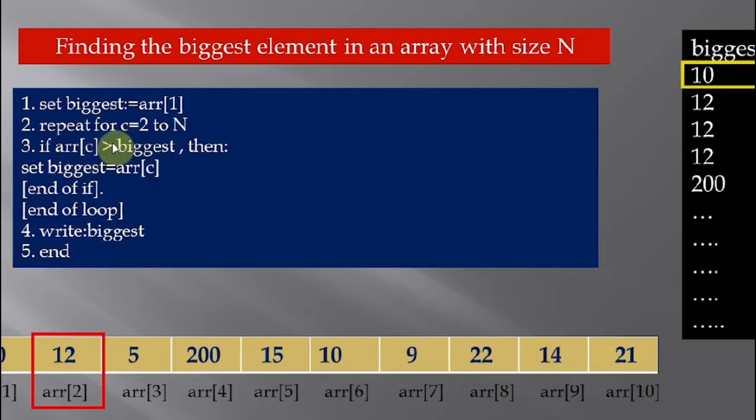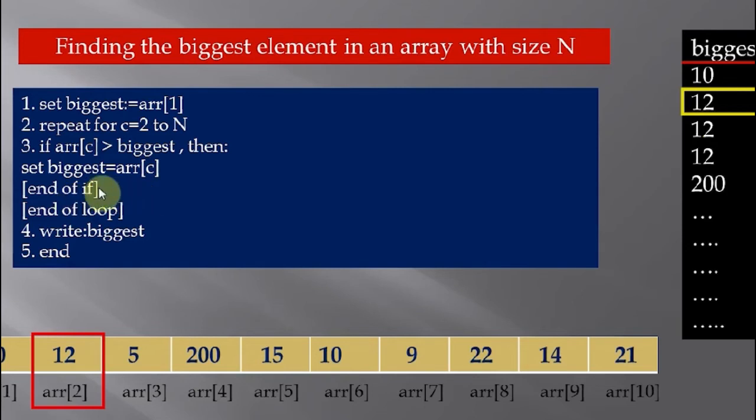So we are checking if 12 is greater than 10. Yes. Then, because the biggest variable is supposed to contain the biggest value, we will assign the value of r2 into biggest. So now the value of biggest is 12.